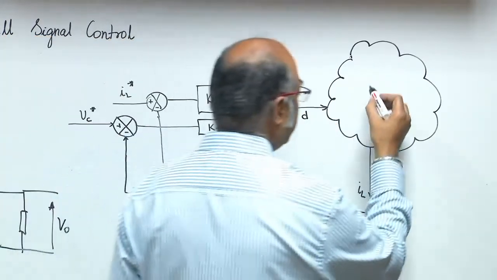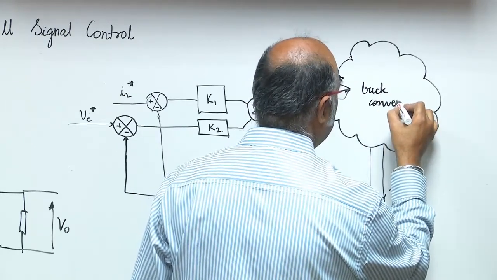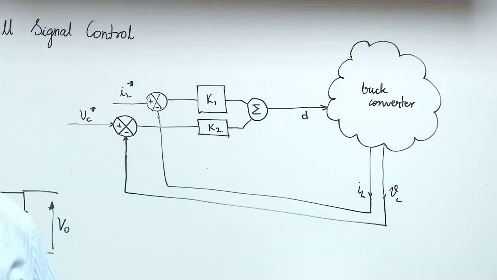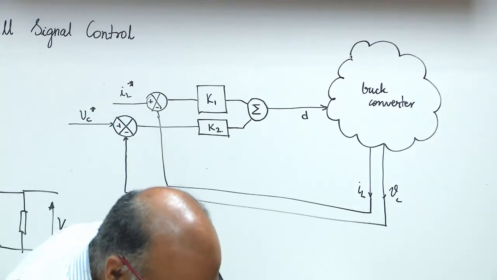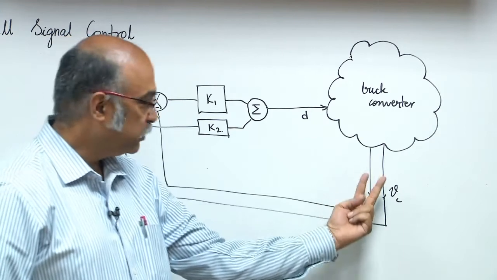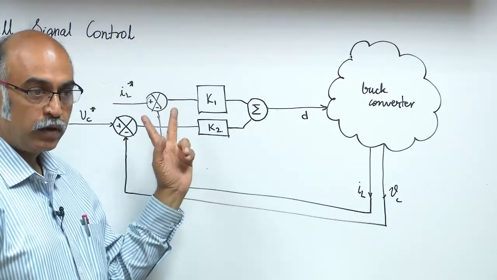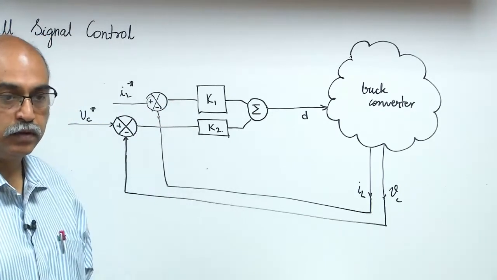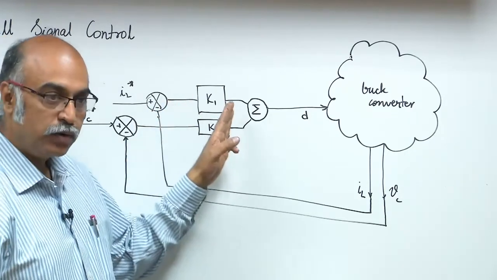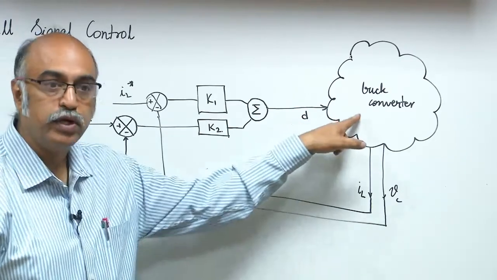So, let us say for this case of buck converter, if you have to visualize, if I split all these single lines into that bunch, two state variables, I have to feed back that, there will be two difference stages. Then this will go to K1, K2, then again combined together, because the input is only one.